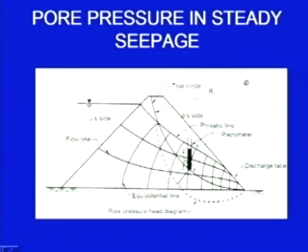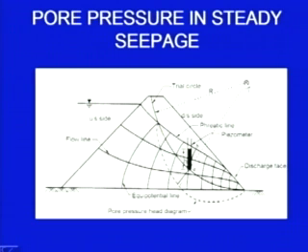Here is an earthen dam and this is the upstream side. Water is standing at this level, and let us say we are considering the stability of the downstream portion.